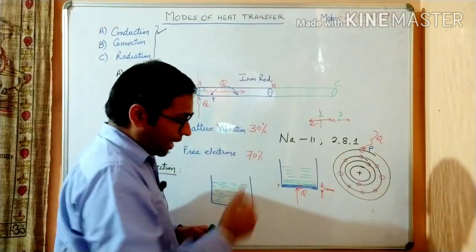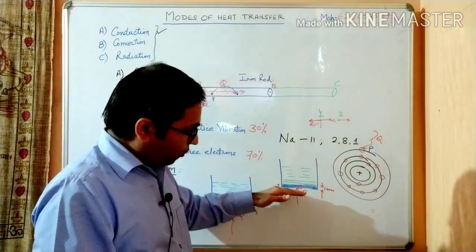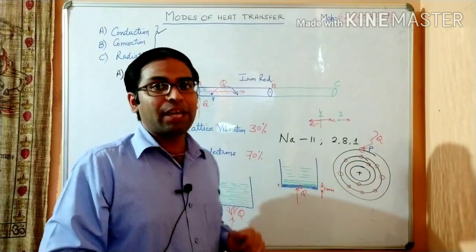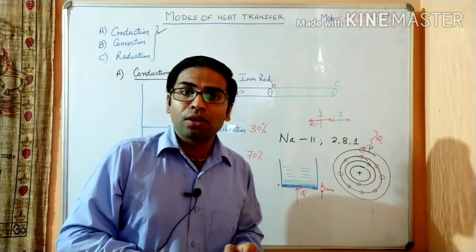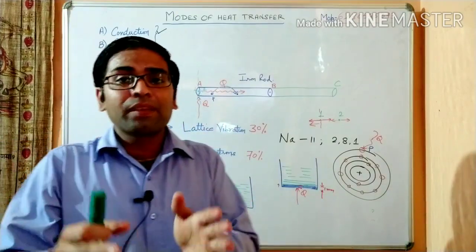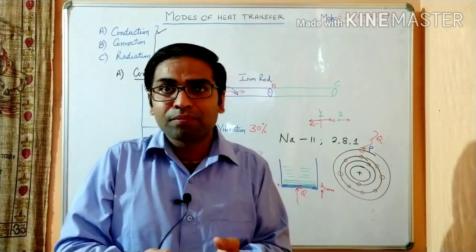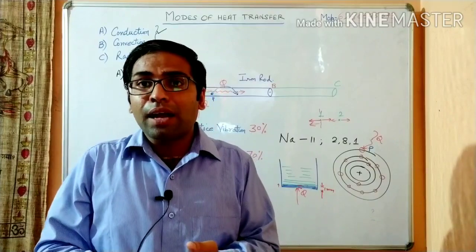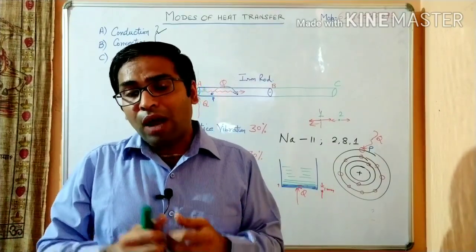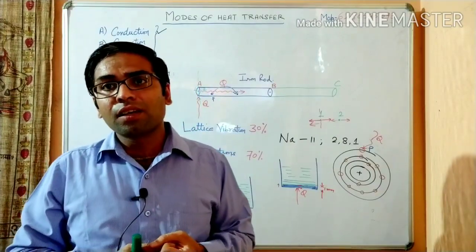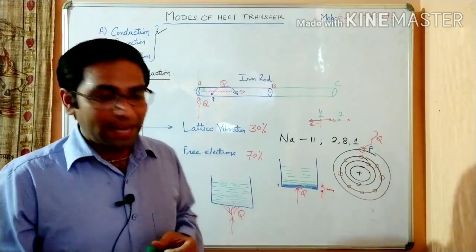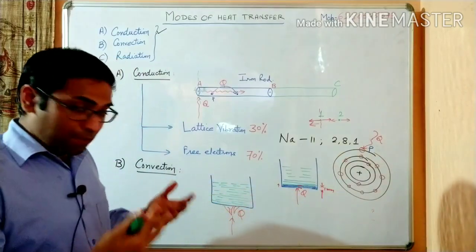Now afterwards, what will happen? The first layer of liquid is in direct contact with the second layer of liquid. So when this first layer of liquid receives heat, ultimately it is liquid, so after getting heat, its density decreases. It becomes lighter in weight, and what happens then?